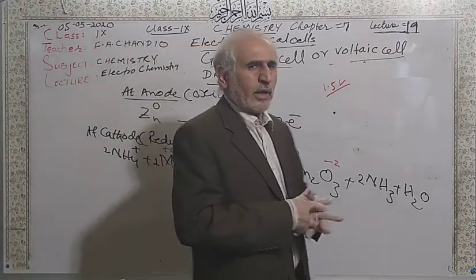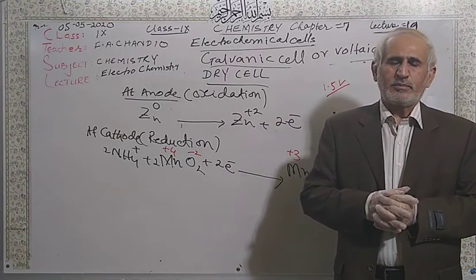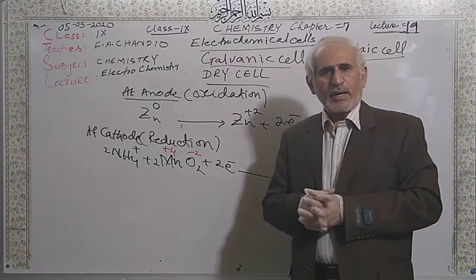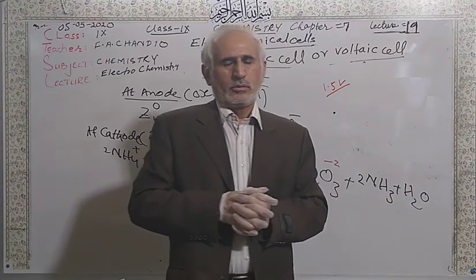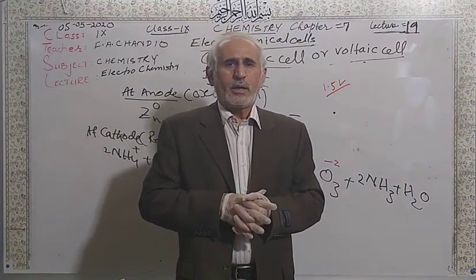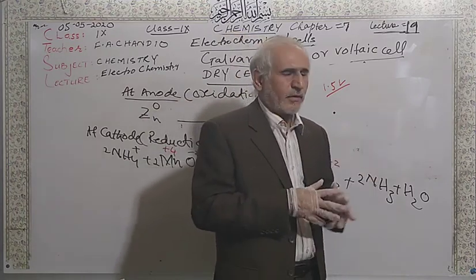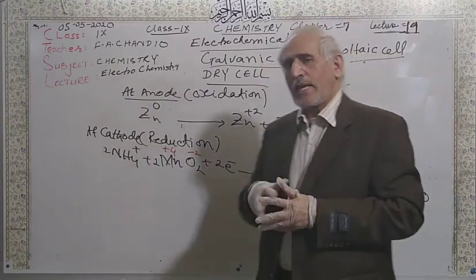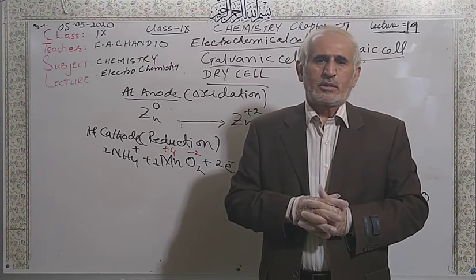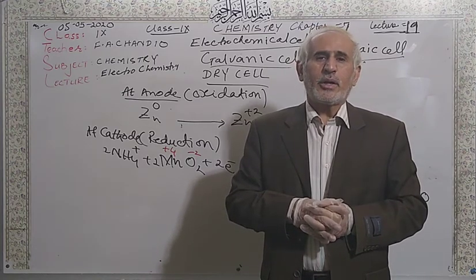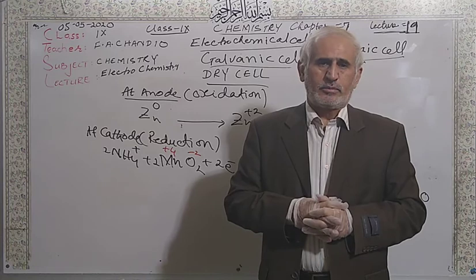Before I conclude this galvanic cell, I am telling you, these are spontaneous cells. Chemical energy is converted to electrical energy, so electrical energy is produced, and there are many kinds. In my first lecture, when I started these cells, I told you there are 2 kinds of galvanic cells: rechargeable and non-rechargeable.